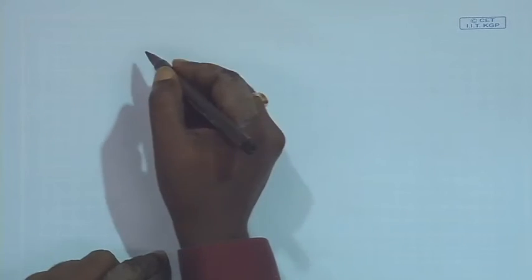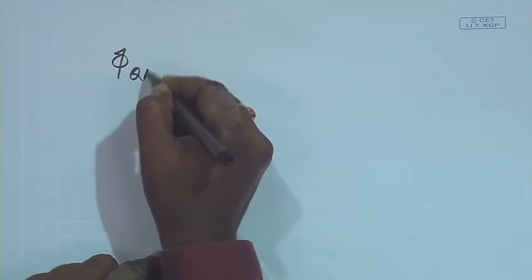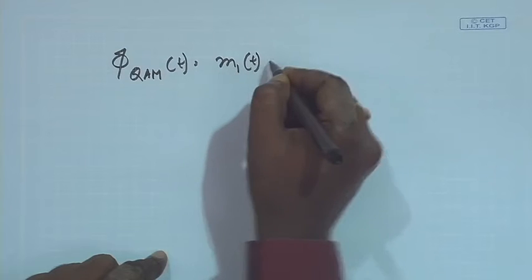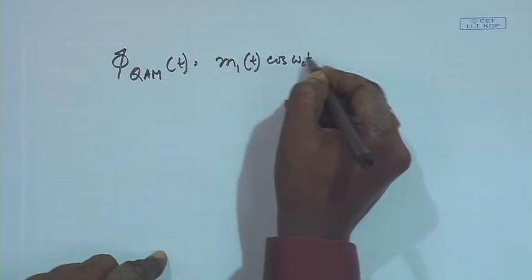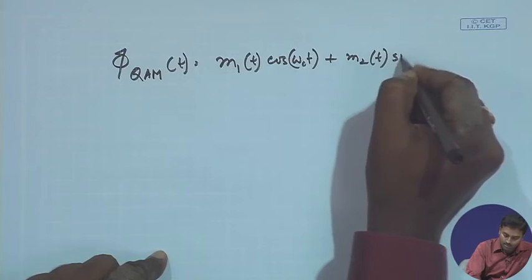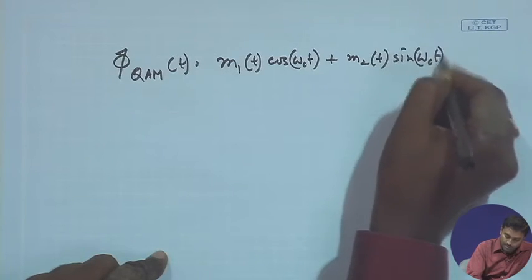Now let us see what happens if I have quadrature amplitude modulation, QAM. Let us say I have phi QAM(t), which is m1(t) cos omega c t plus m2(t) sin omega c t. That is what we have said.